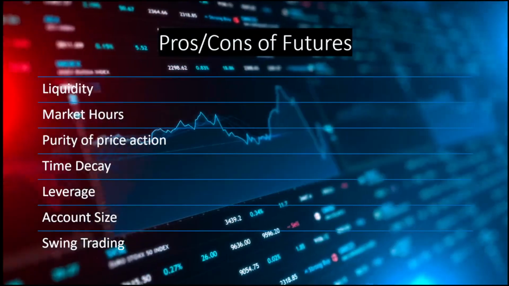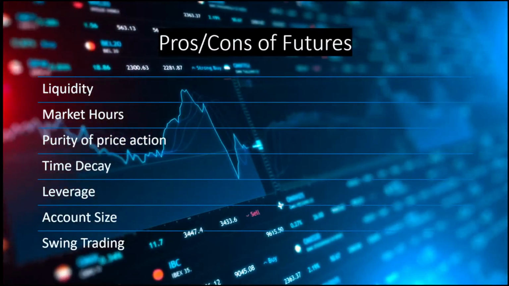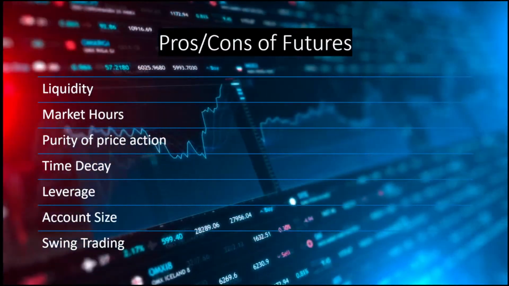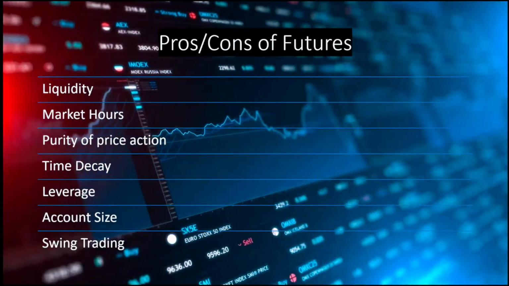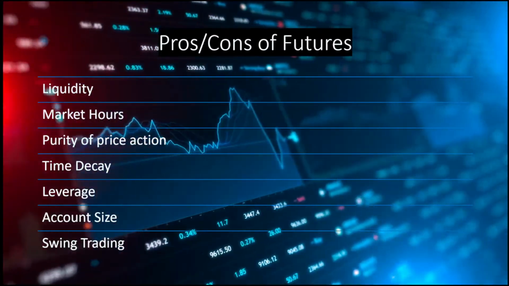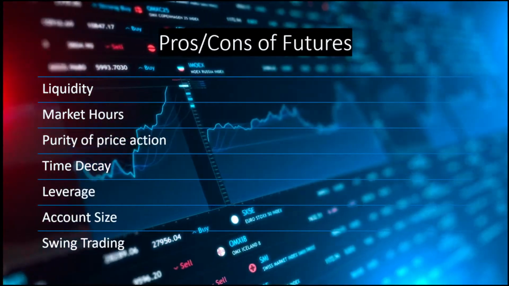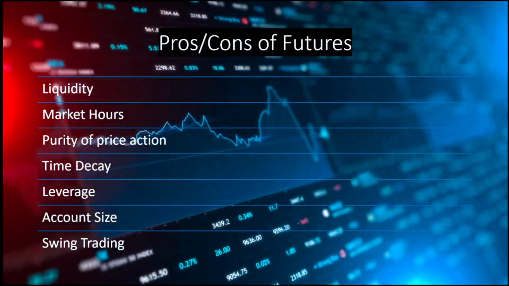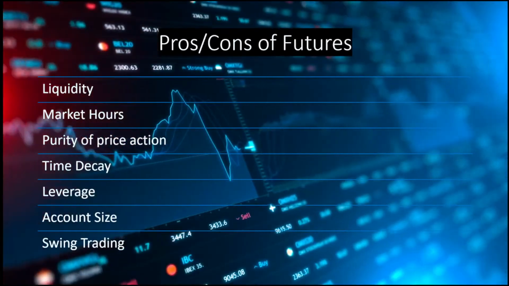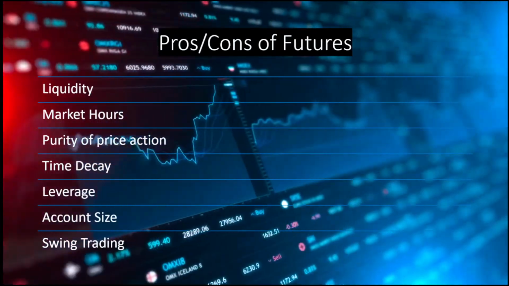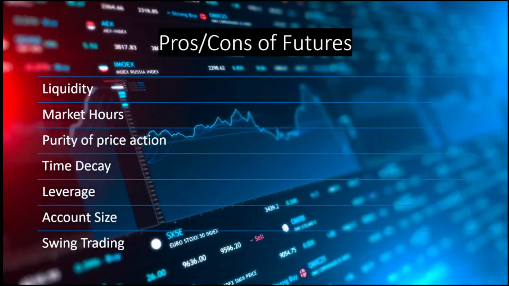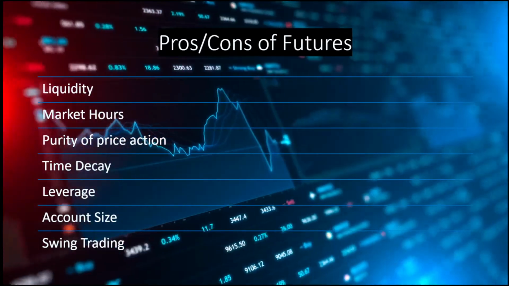So we're going to go through all of these here, the pros and cons of futures. This first one we're going to talk about is the pros and benefits of using futures. One big benefit of futures is they are extremely liquid. The constant movement of futures allows investors to easily get in and out of a position.